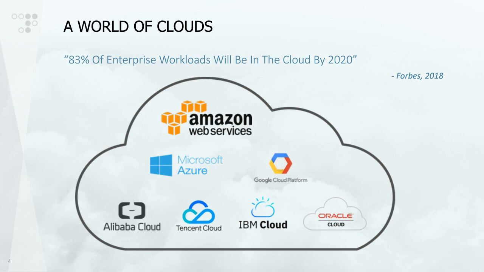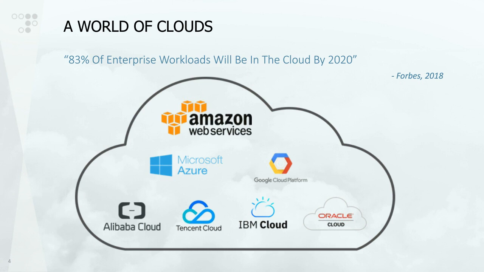There is a quote you see on the top of the screen from Forbes in 2018 that by 2020, over 80% of enterprise workloads are expected to be running in the cloud. Now, we can obviously debate whether that figure should be higher or lower, but in any case, we can see that this is a major industry trend that is affecting almost everyone and every company out there.